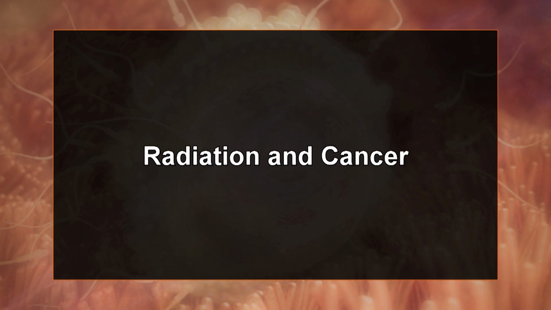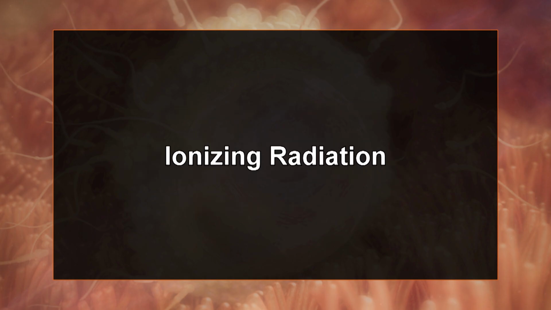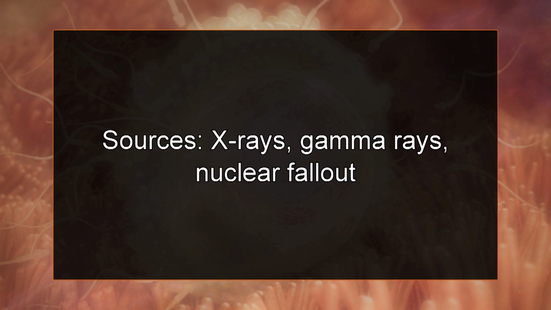Then we see radiation and cancer. Ionizing radiation, their sources are X-rays, gamma rays, nuclear fallout. Mechanism of ionizing radiations. These radiations generate free radicals that break DNA strands, causing chromosomal rearrangements and mutations in tumor suppressor and proto-oncogenes.